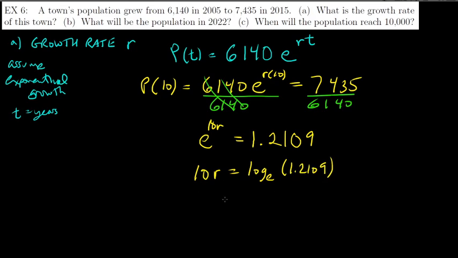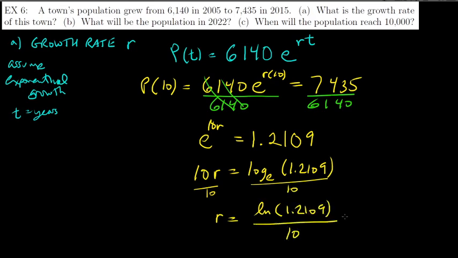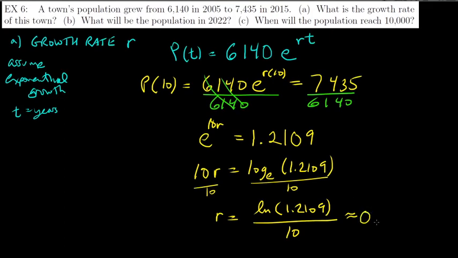Okay, so I hope you're used to that by now. So now we just divide by 10 on both sides. So my r is natural log of 1.2109, all divided by 10. So what do we get? I get 0.019.